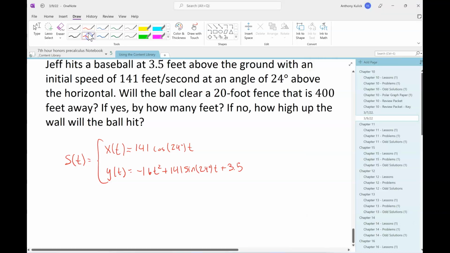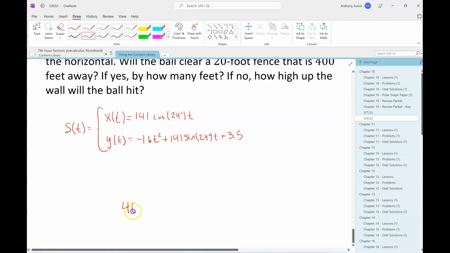Let's see if algebraically that matches what we're seeing there in our picture. So I'm going to start by finding the time it takes to get to the wall. I know the wall's horizontal position. So I'm going to take the x equation and solve that for t.